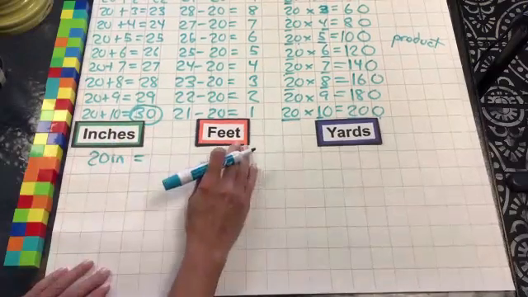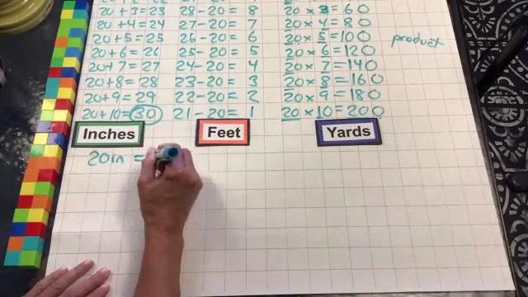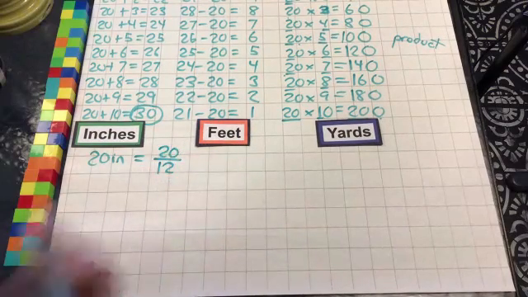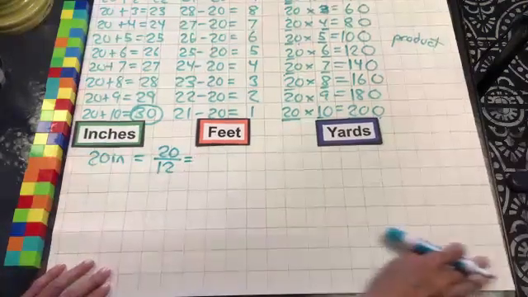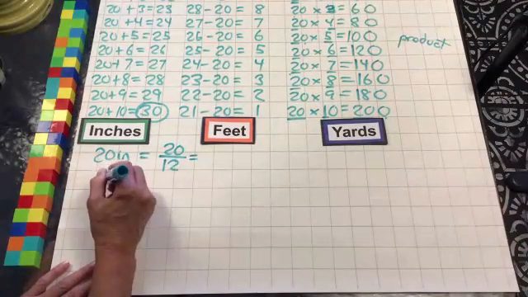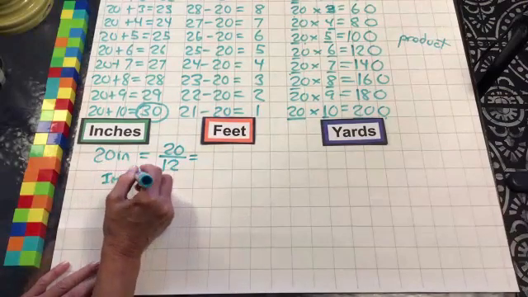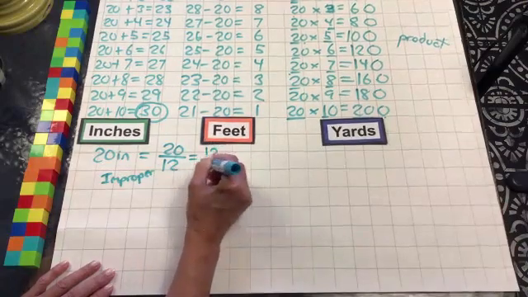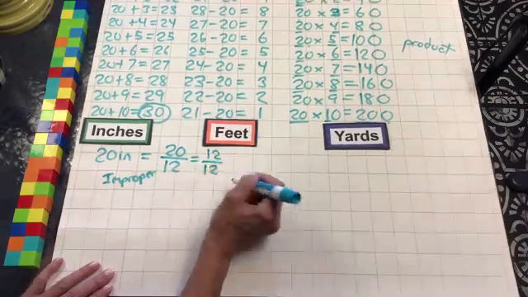And we know it takes 12 inches to make a foot. So we're going to put that over 12 because we're working with our fractions now, getting good with fractions. We know this is an improper fraction, so we can tear it apart. So we're going to make it into 12 whole feet. So there's 1 whole feet.